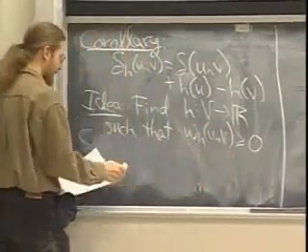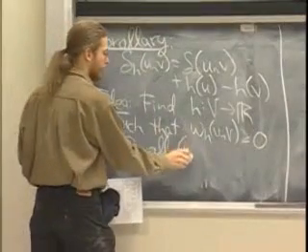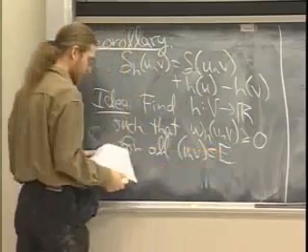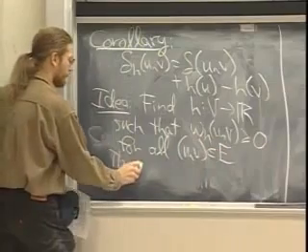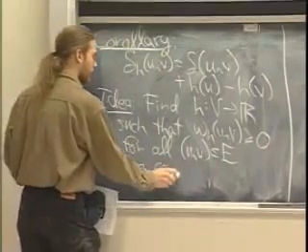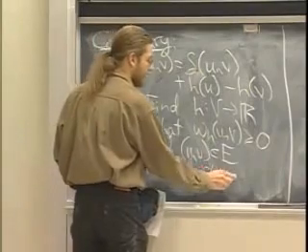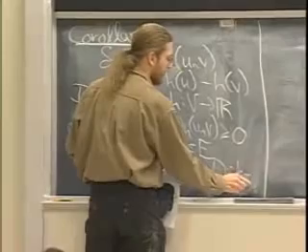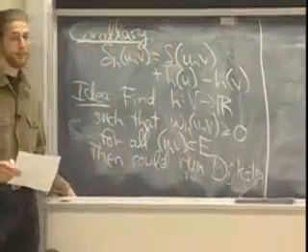That would be great, for all uv in E. Okay, then we could run Dijkstra, get the delta h's, and then just undo the reweighting and get what we want. And that is Johnson's algorithm.